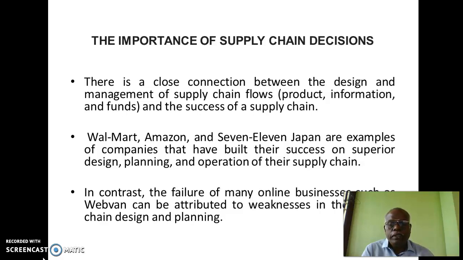If you see the case of Webvan, it is a company which started in 1996. Their objective was to deliver groceries to individual homes within 30 minutes after they place the order from the particular home.